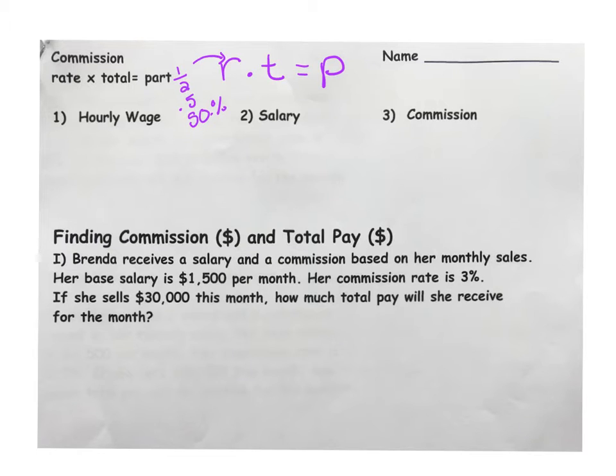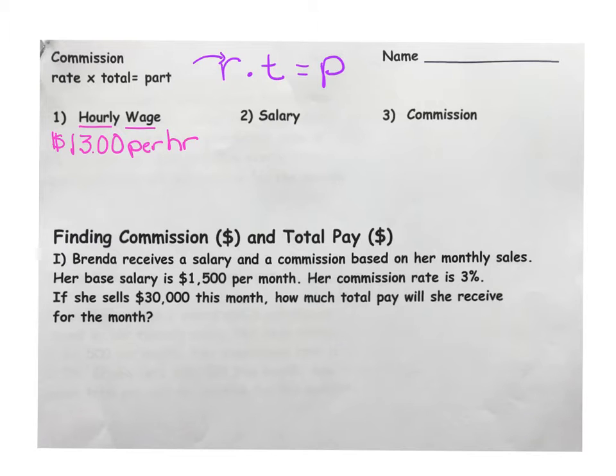But let's take a moment and talk about the different ways people can earn money. Many people earn money by making an hourly wage, such as $13 per every hour someone works.